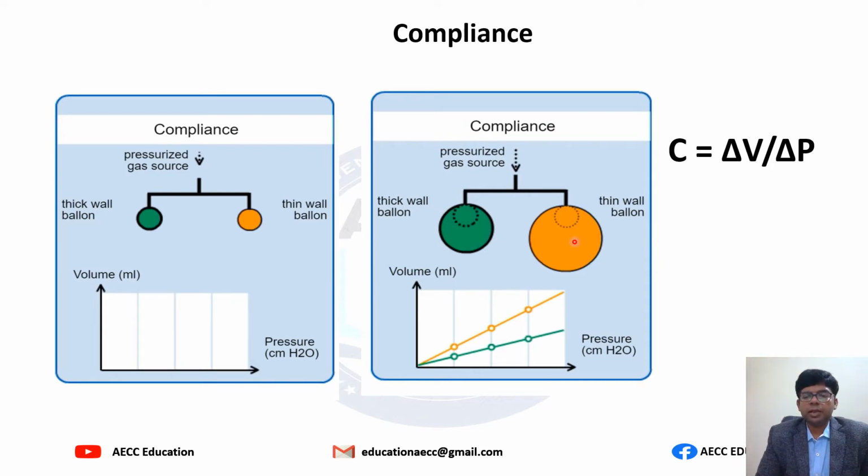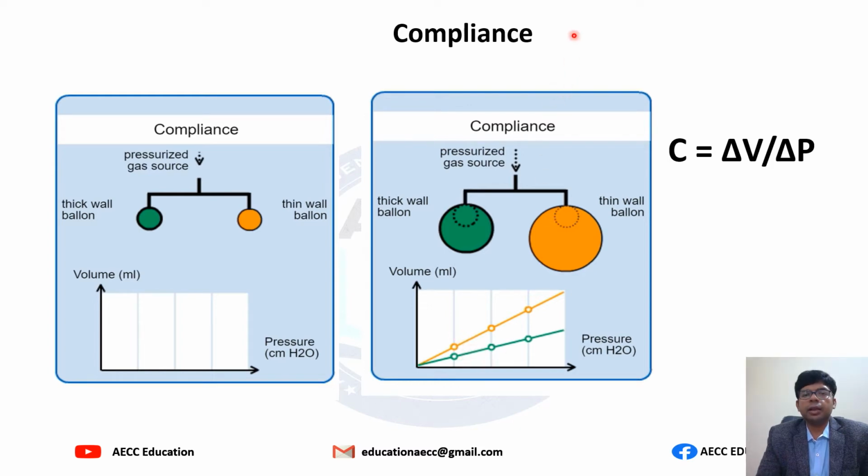If we measure the internal pressure and volume simultaneously, then plot the readings on a graph, volume versus pressure, we get two different pressure-volume curves. These two curves have different angles to the horizontal.